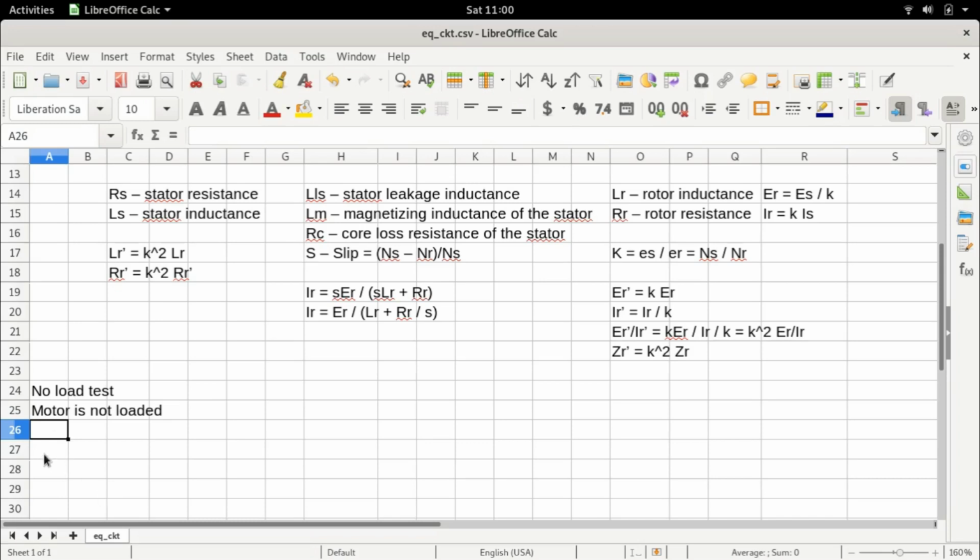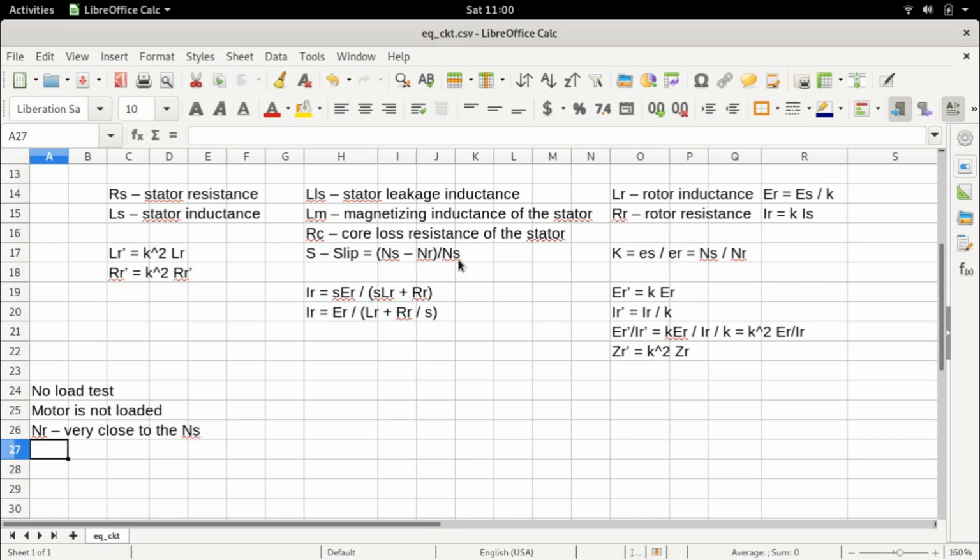Now, when this happens, there are certain things you can make assumptions for. So for example, this slip, or rather, the rotor speed is very close to the synchronous speed, right? This we've talked about before, and we've defined this slip as the difference between the synchronous speed and the rotor speed divided by the synchronous speed.